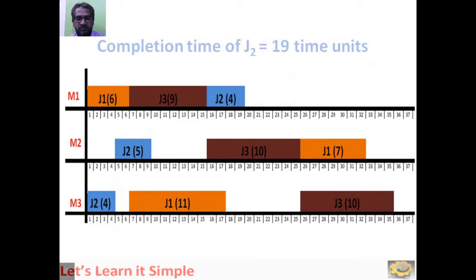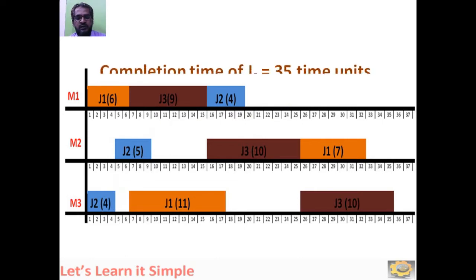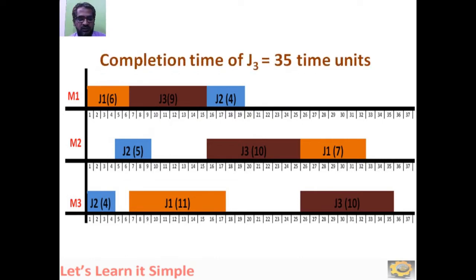Now the third job, J3. If you look at the total completion time of J3, it is the longest one with 35 time units. The first machine for J3 is M1, where it takes a time of 9.